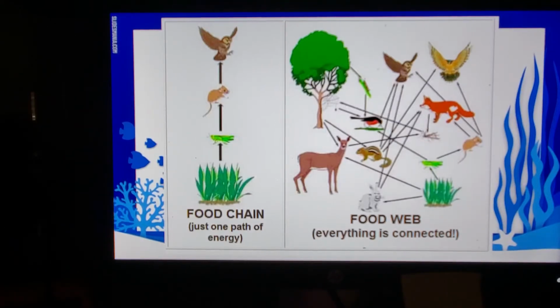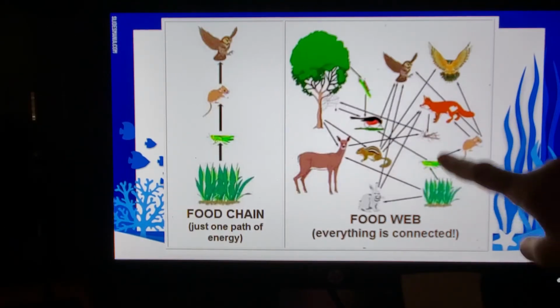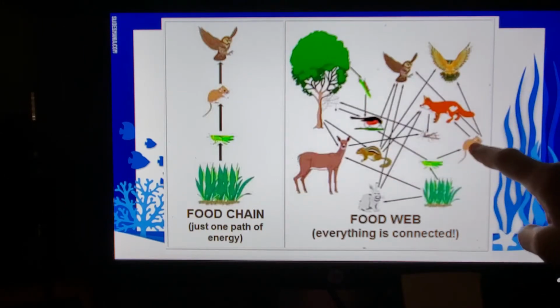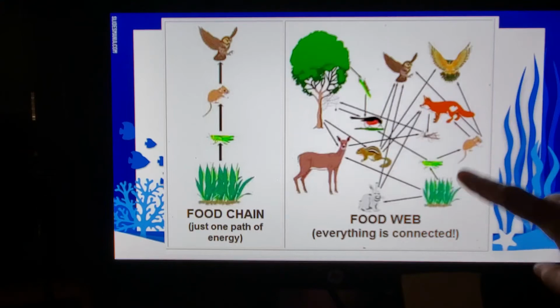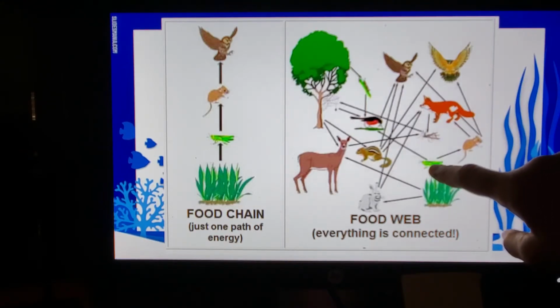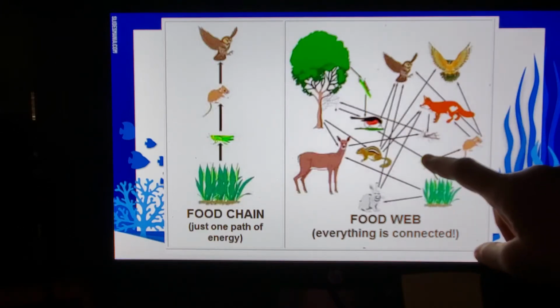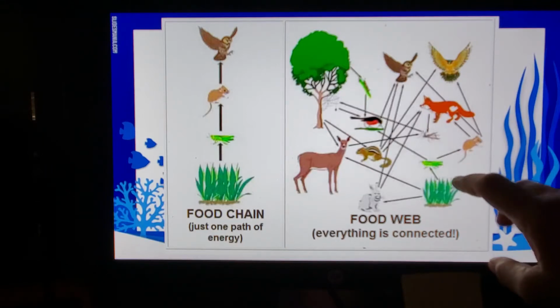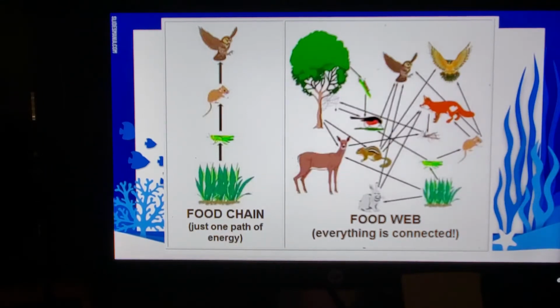That's not reality. And we can see, every time you see an arrow, remember, it means energy is going from one organism to another. The energy from the plant is going into the grasshopper. The energy from the grasshopper could go to the bird, or it could go to this mousy-looking creature. But this is more a reality.